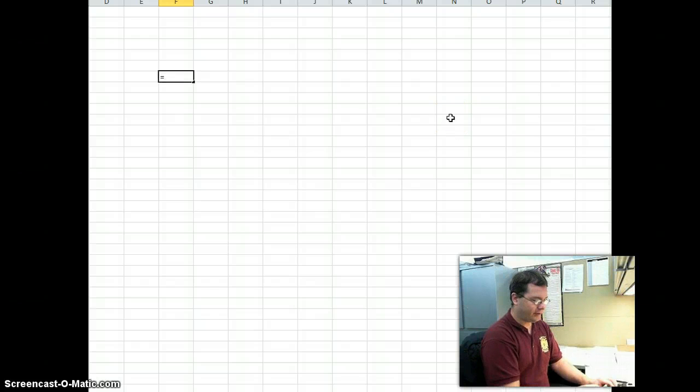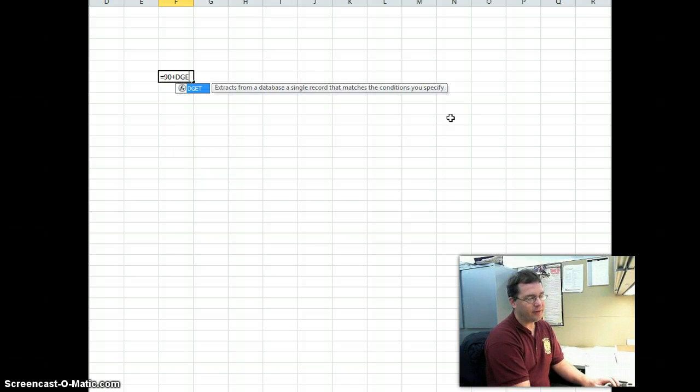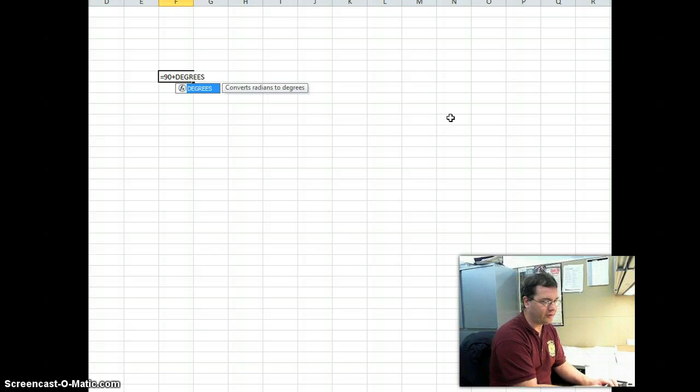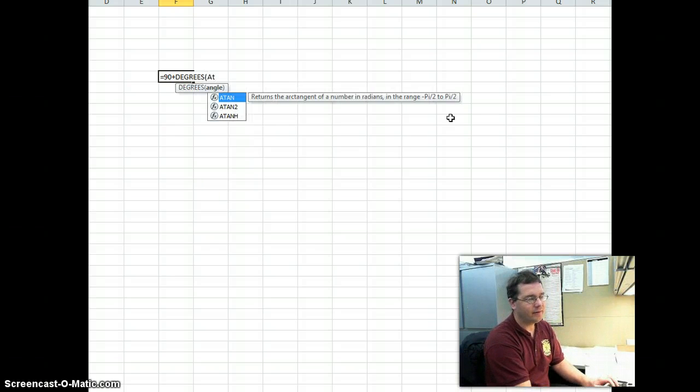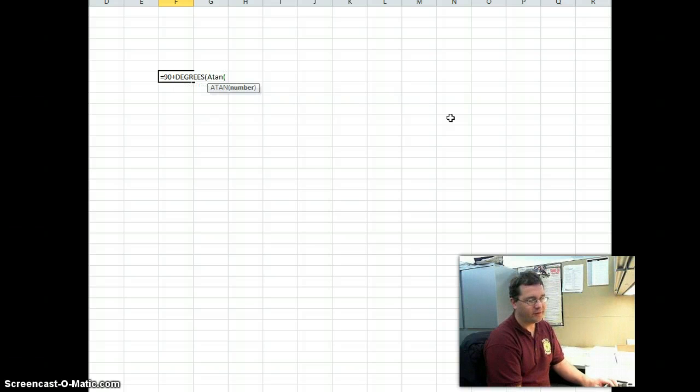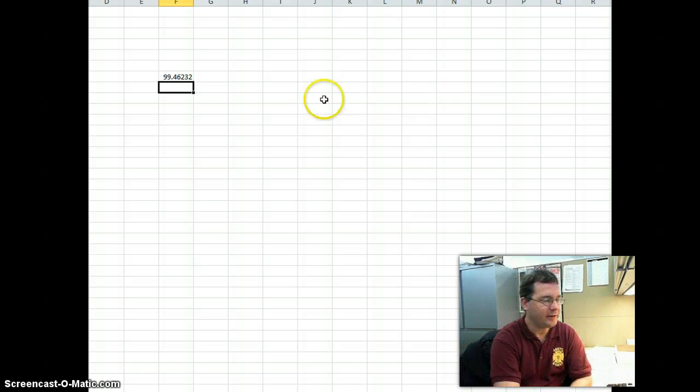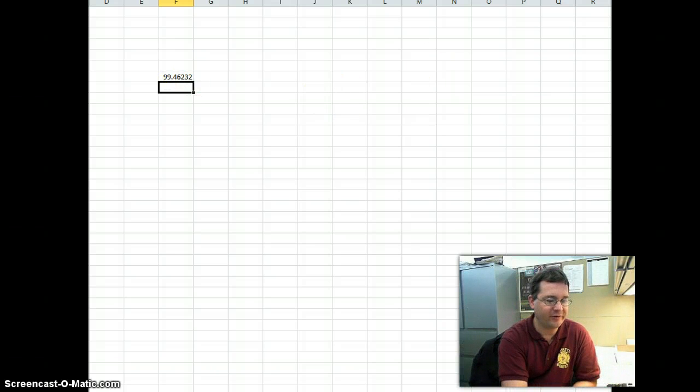I'm going to say this cell is equal to 90 degrees plus, and then in Excel I have to say degrees, because Excel works in radians. And then I'm going to say the arctangent of 1/6. And it's going to tell me that the heading of that component is 99 degrees.